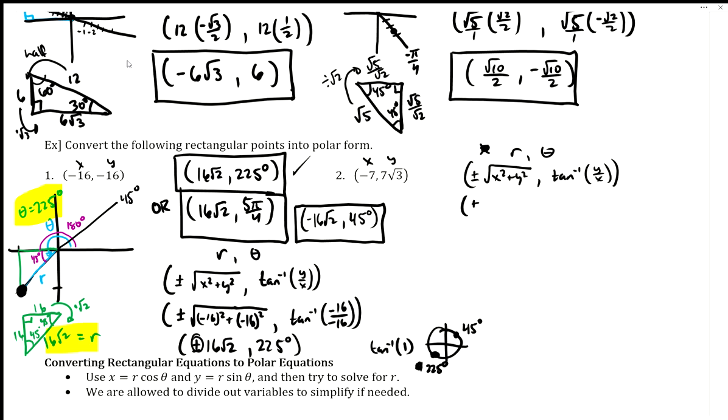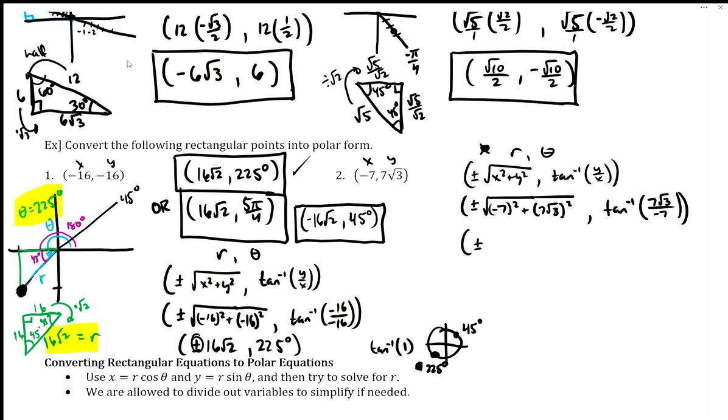All right, and anyway, we would have plus or minus the square root of x, which is -7, getting squared, plus y, which is 7 radical 3, getting squared, and then comma, tangent inverse of y, which is 7 radical 3, over -7. Okay, and then now we're trying to simplify it.